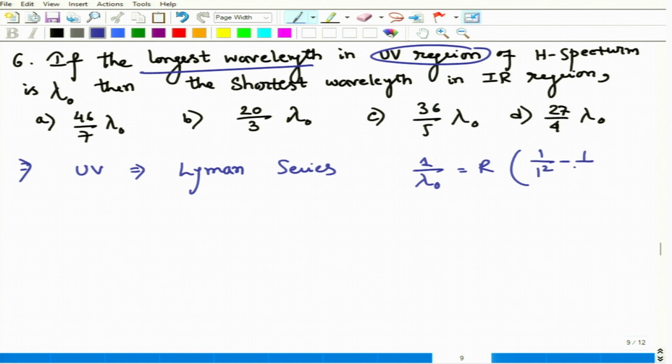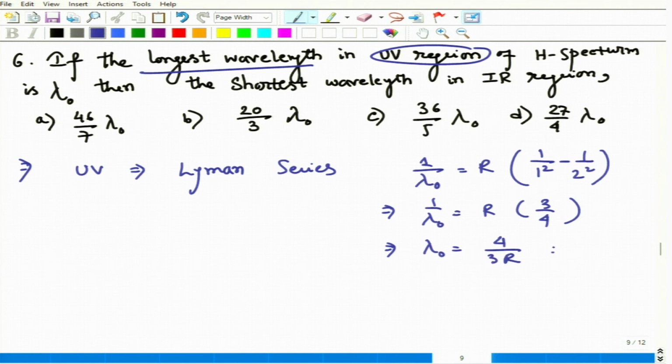Now the longest wavelength means the shortest energy, right? Shortest energy should be 2 square. So it is 1 by lambda naught, that means it is actually 3/4 R. So lambda naught we have found is 4/3R.